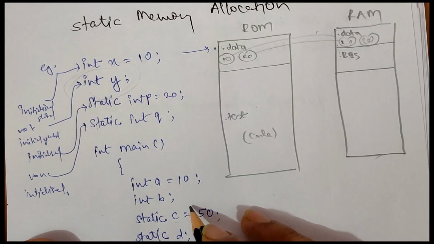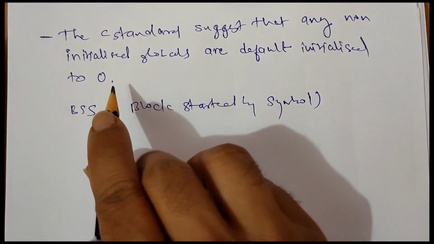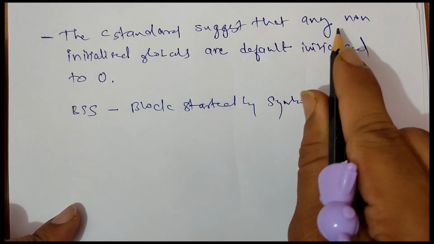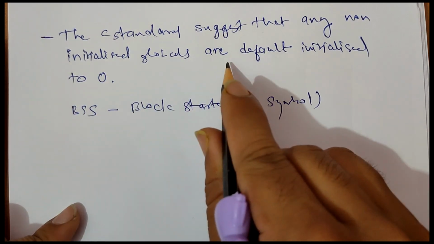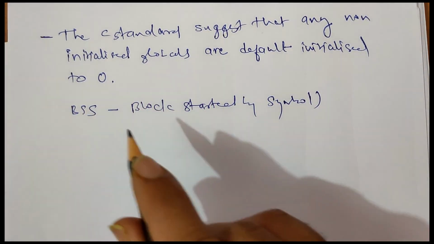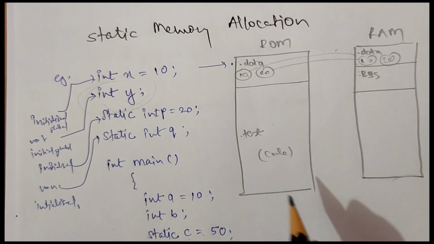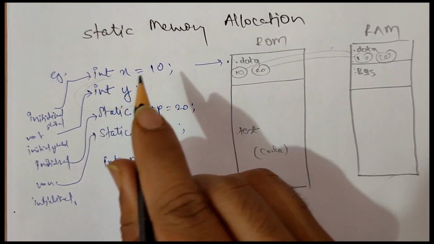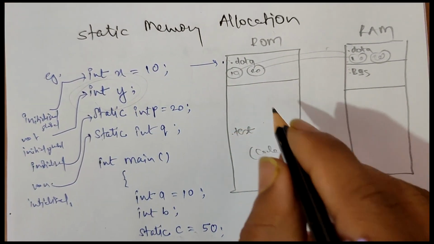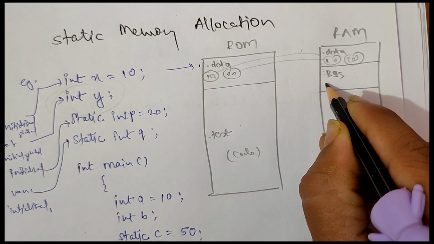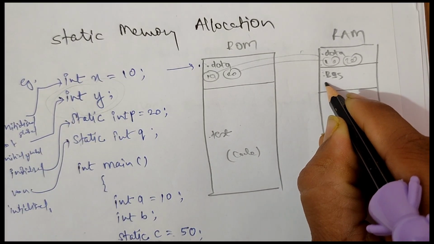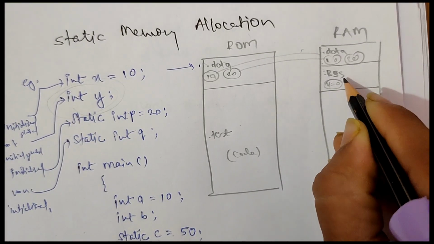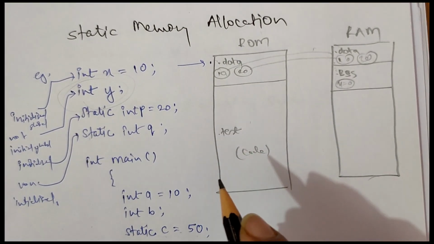Now we have this non-initialized global. As per our definition, non-initialized globals are default initialized to 0. So here y is initialized to 0 by default, but I will put it here, that is y is equal to 0, in the BSS section.